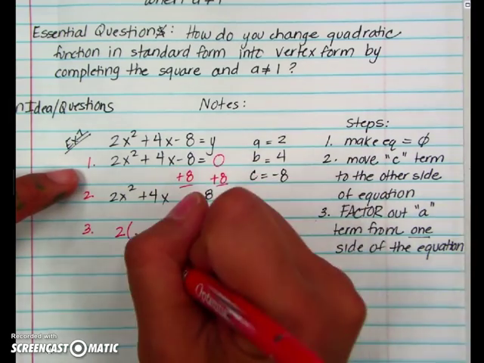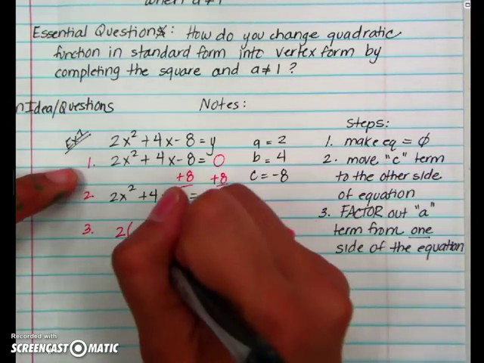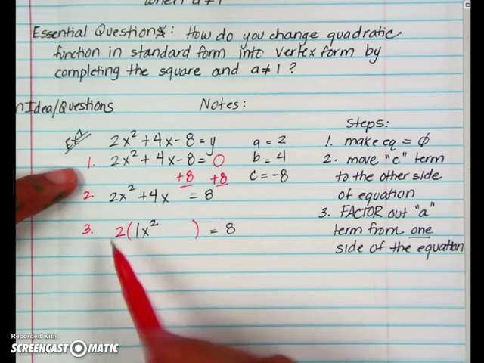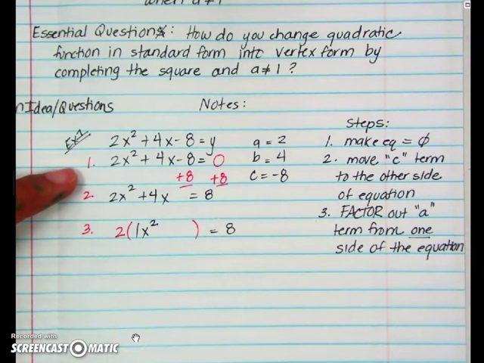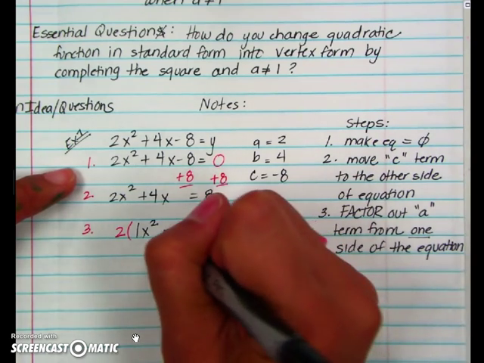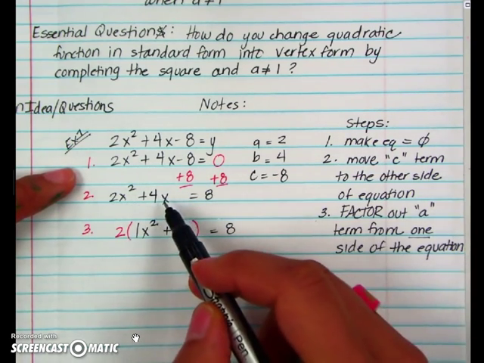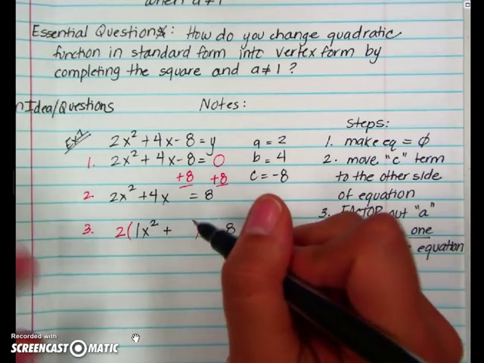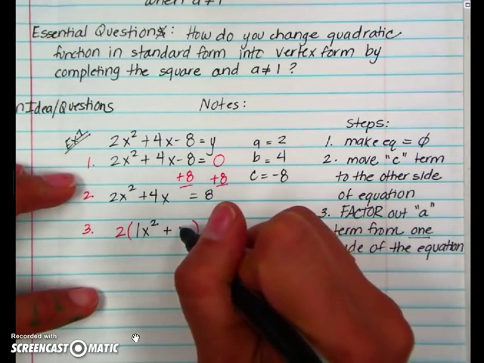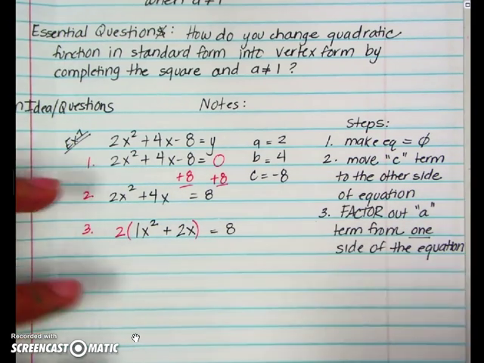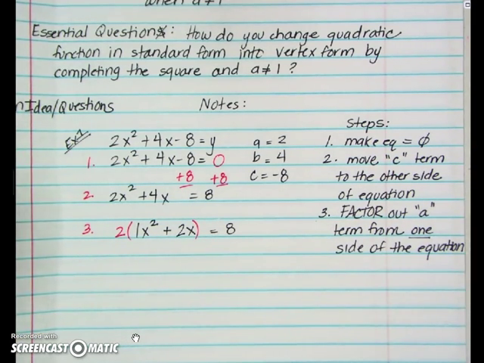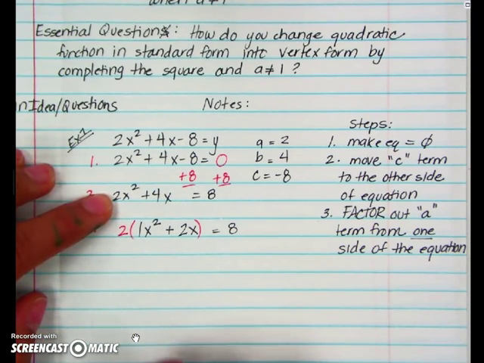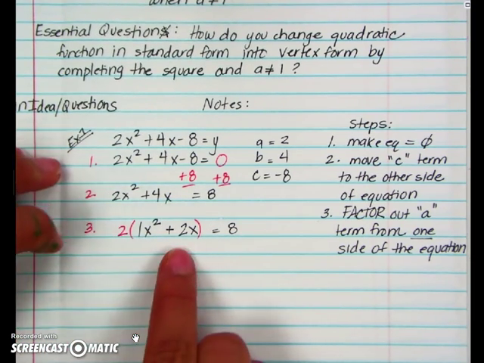Yeah, 1x squared. Good. And then the next question is, what's 4x divided by 2? Good. So 4x divided by 2 is 2x. So I factored out a 2 from each of my terms. In other words, 2 divided by 2, you get 1. 4 divided by 2, and I get 2.